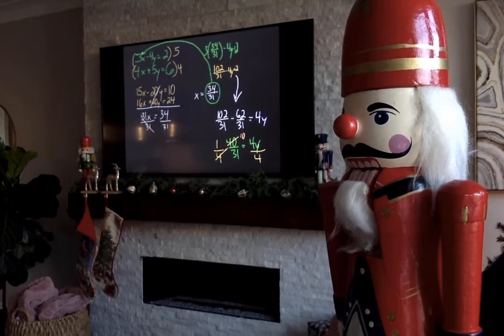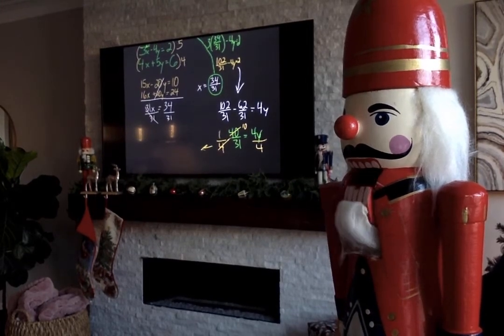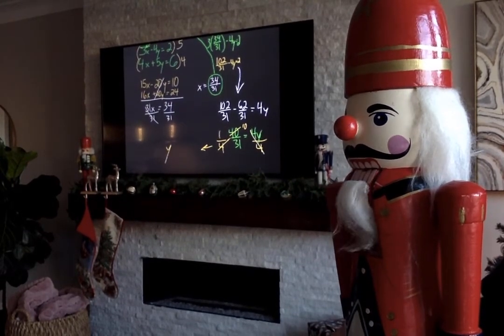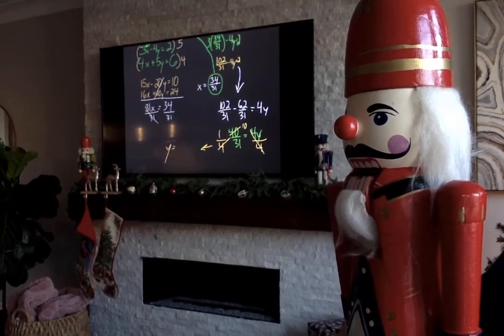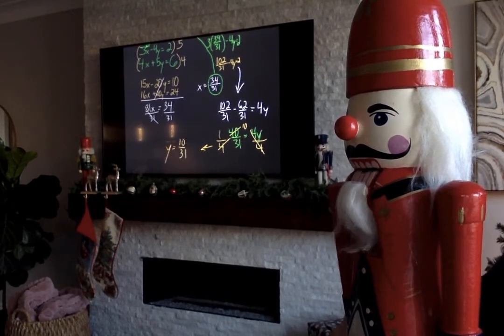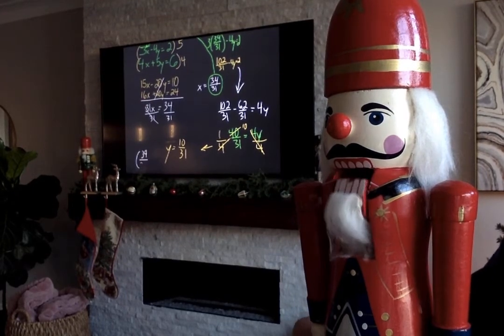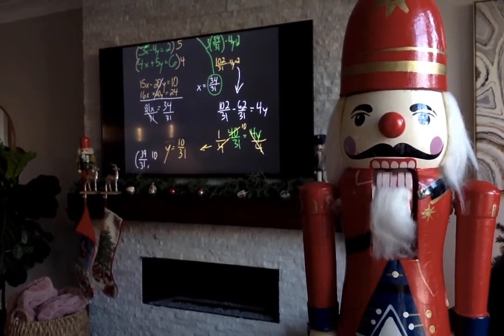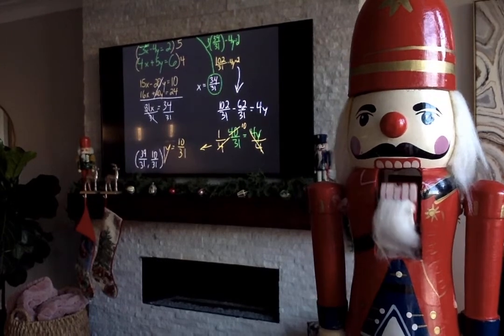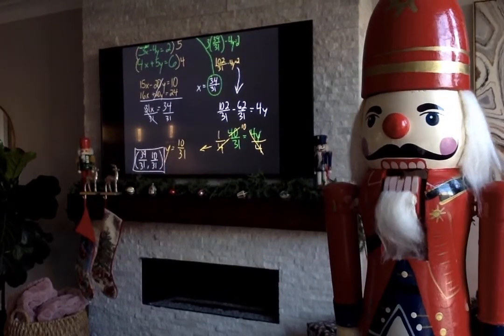So by putting it back into an ordered pair, I will get 34 31sts, comma, 10 31sts. And that is the answer to this system, even though it's kind of an annoying answer.